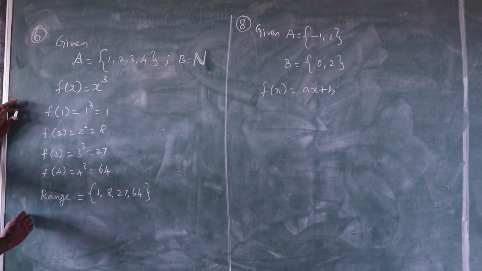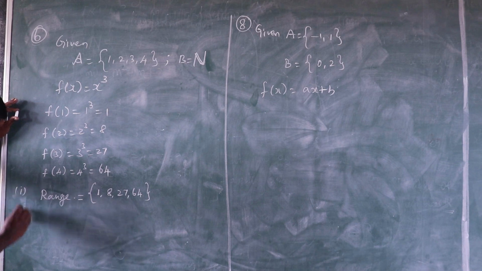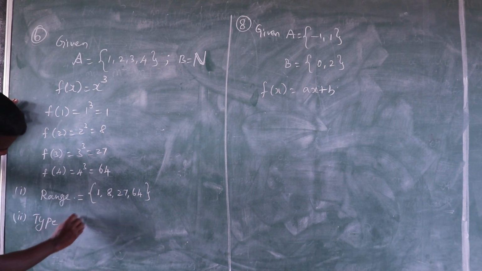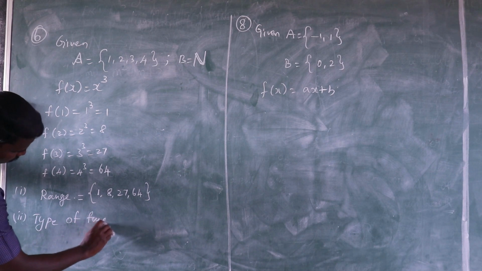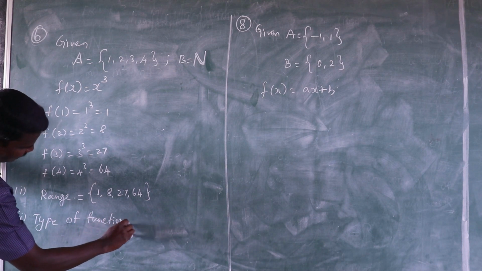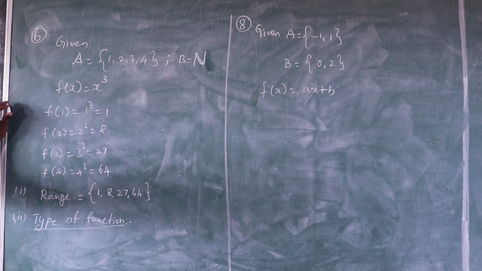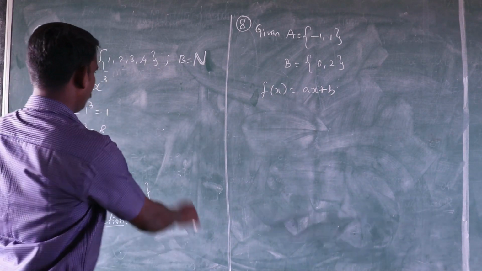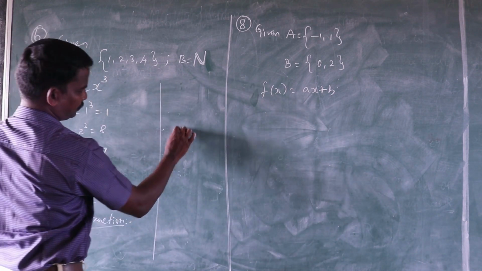So type of function, you can say it directly without using an arrow diagram, but you can draw it roughly here.